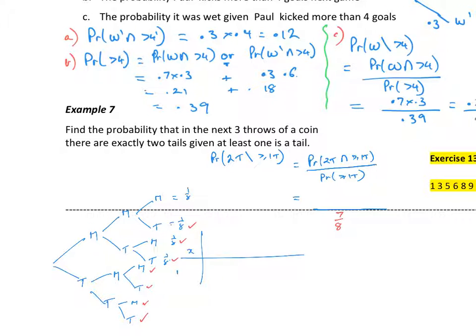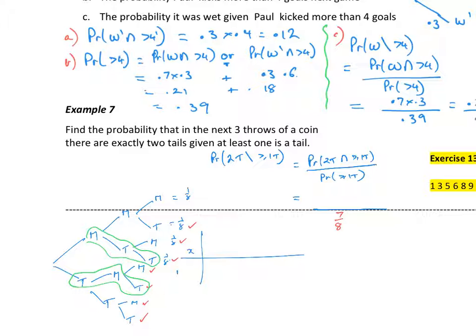Now let's have a look. I need the probability of two tails and at least one tail. So really it's just going to be two tails, isn't it? So how many have got two tails? So I've got a head, tail, tail, tail, head, tail. I reckon that's it, isn't it? Head, head, head, head, tail, head, tail, head, head, head.